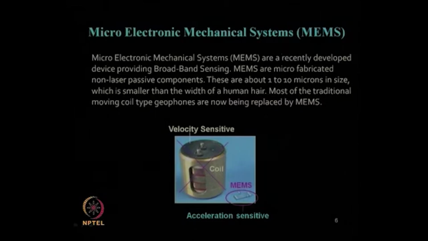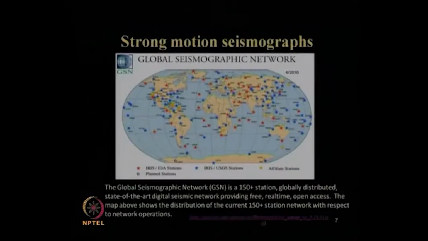These are as thin as human hair, you can see the size compared to the olden days velocity transducers, such big coils etc. Now these velocity transducers are replaced by this acceleration based MEMS instrument for common measurement of the acceleration time history.